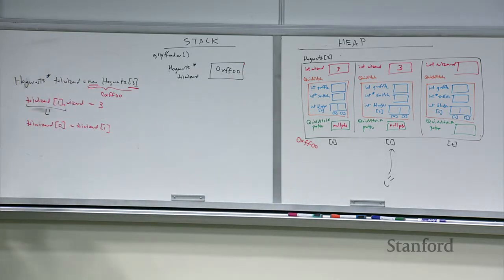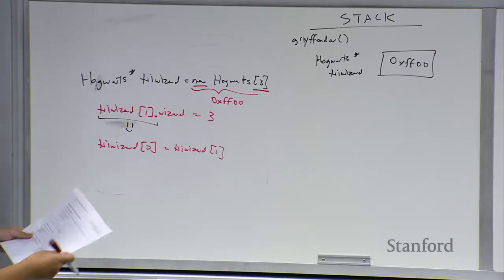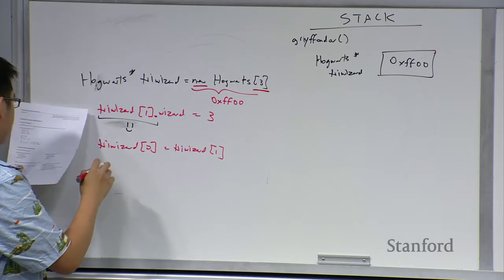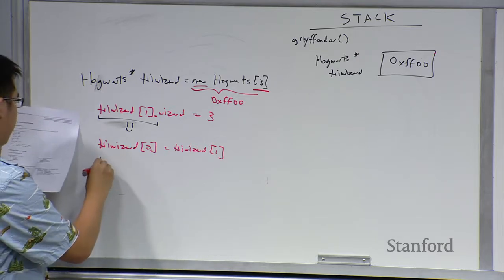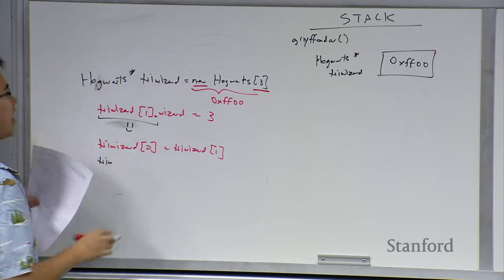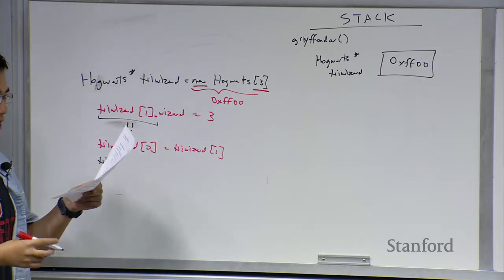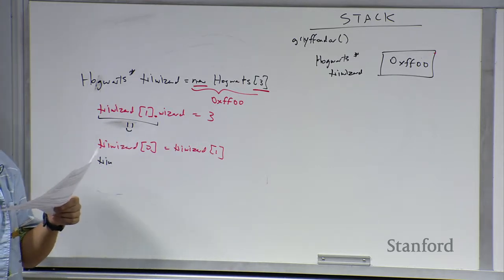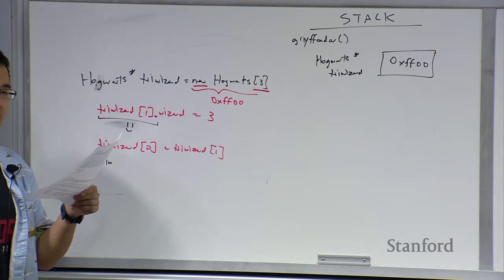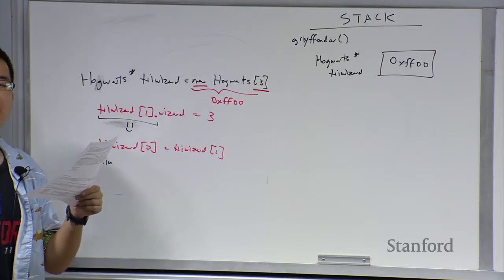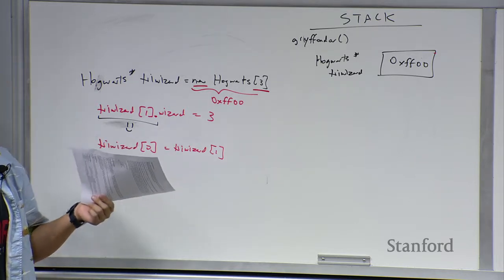Okay, now let's look at the next line. Try wizard 2 dot potter. I'm not going to write it out because we're going to call the Hufflepuff function. So essentially, we have to first call the Hufflepuff function, and then we set try wizard 2 dot potter equal to whatever that function returns.